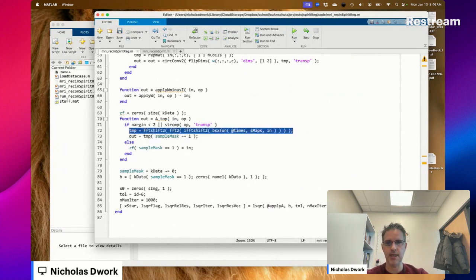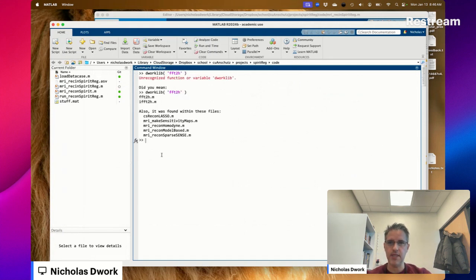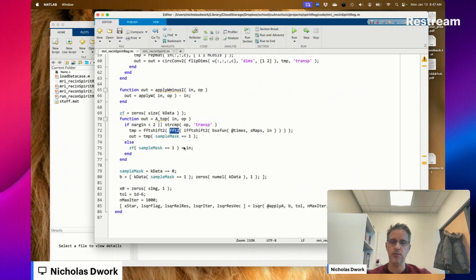Now we need to take the adjoint of this line. The adjoint of FFT2 is not IFFT2. Some might think it is, and if FFT2 were the unitary version of the FFT, then it would be. But in this case, it's not. And I think in our library we have FFT2H, exactly.